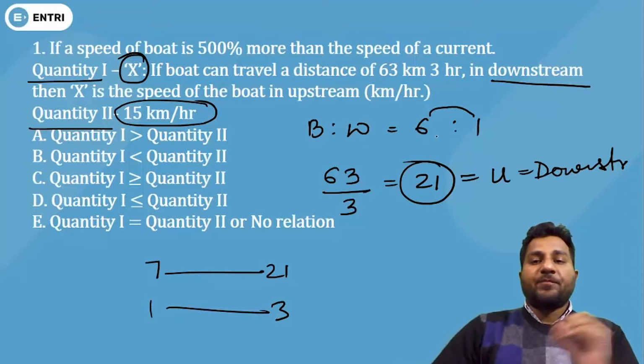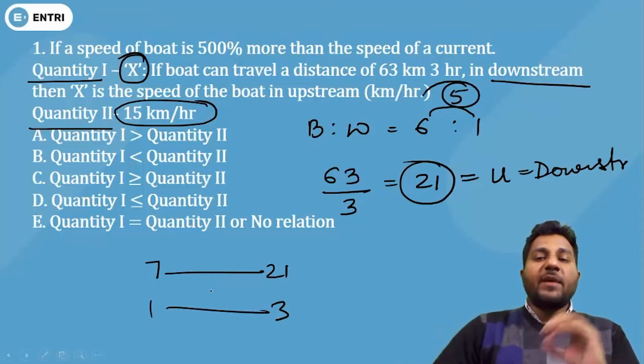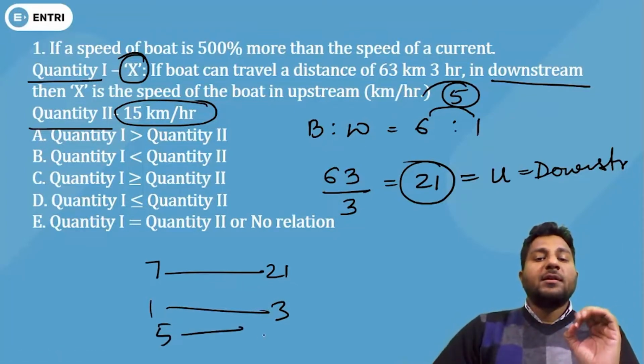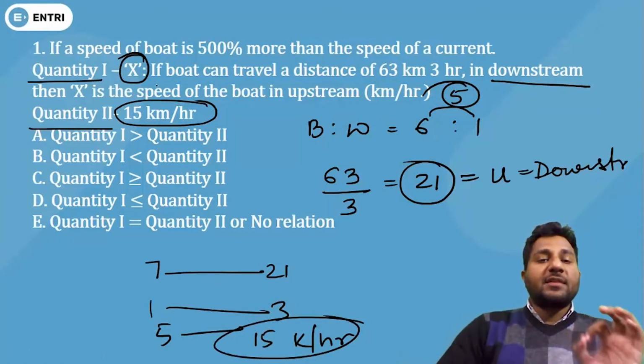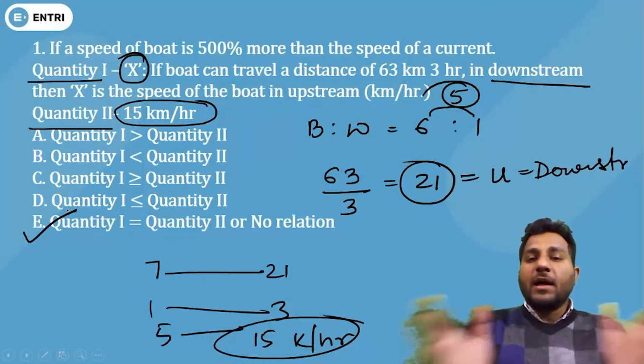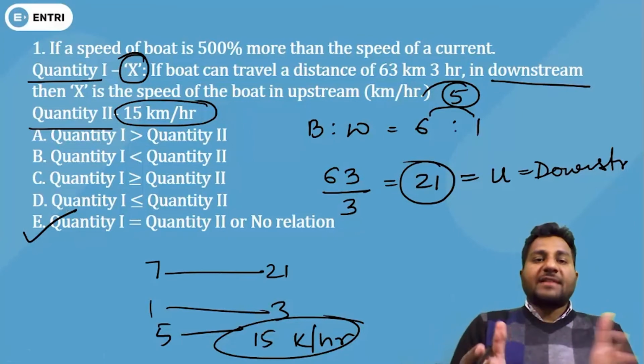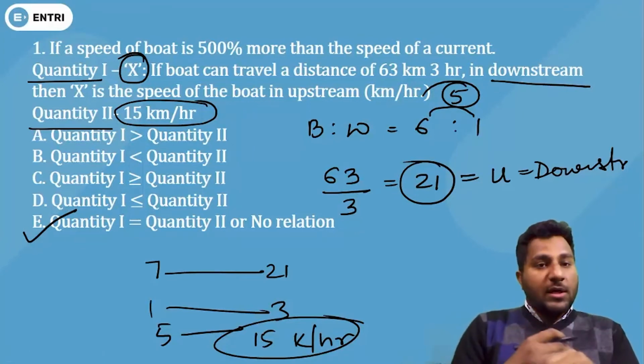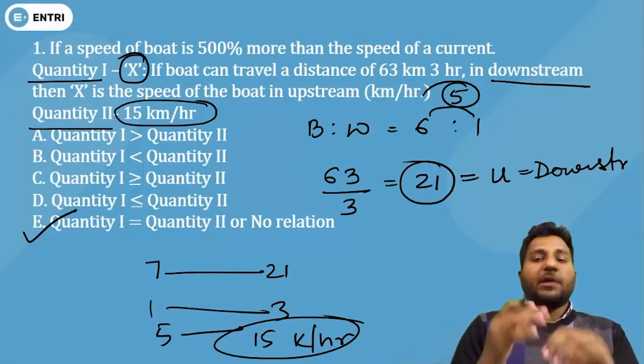That means their difference must be the upstream speed, which is 15 km per hour. So in this scenario, both the quantities come out equal. That means option 5 will be the correct one. That's how you are going to solve the questions in a particular manner.